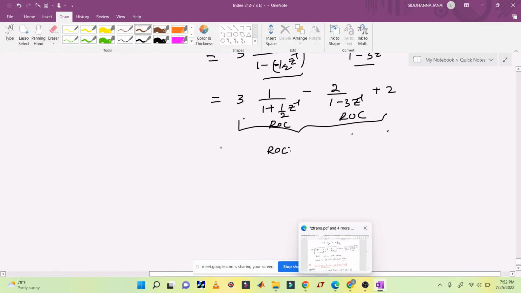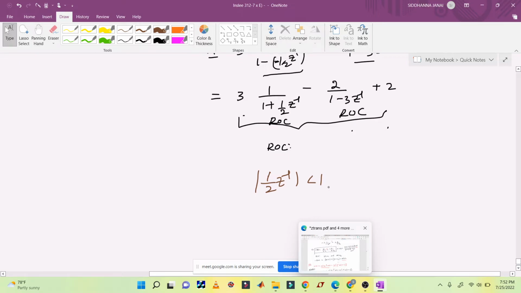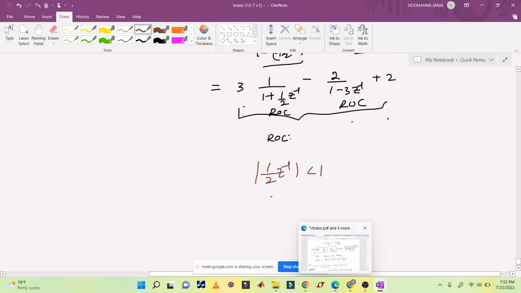Always we take ROC with magnitude because it is right as well as left side, and the circle will have both negative and positive parts. So magnitude of 1 by 2 z inverse less than 1. This means 1 divided by 2z less than 1. This implies 1 divided by 2 is less than magnitude of z, or magnitude of z is greater than 1 by 2.